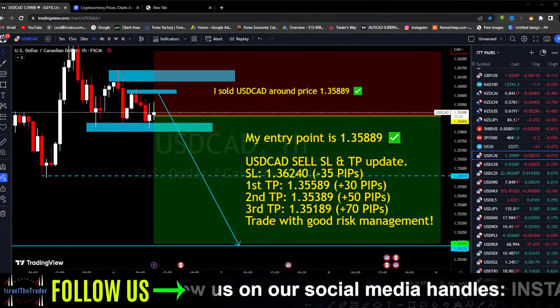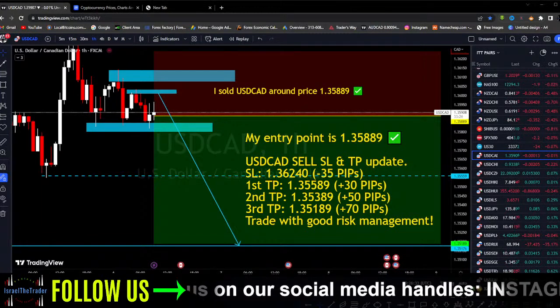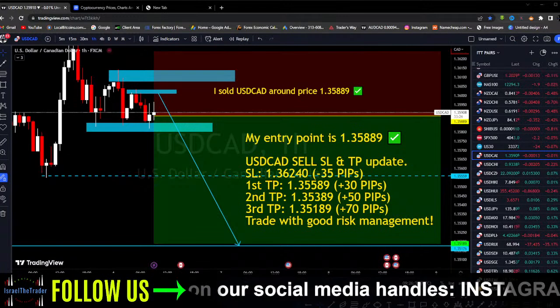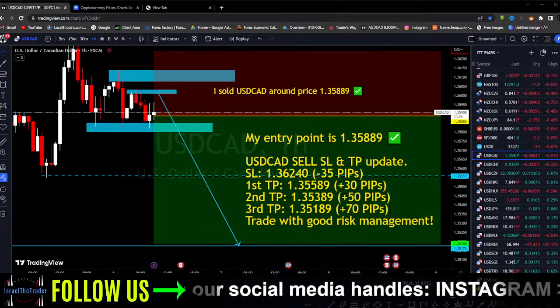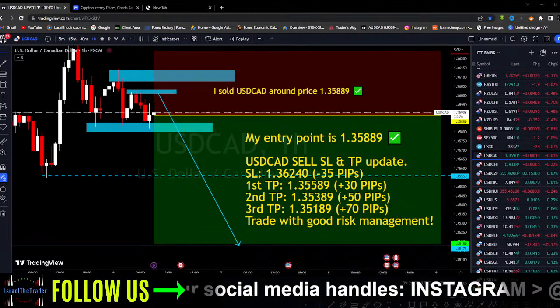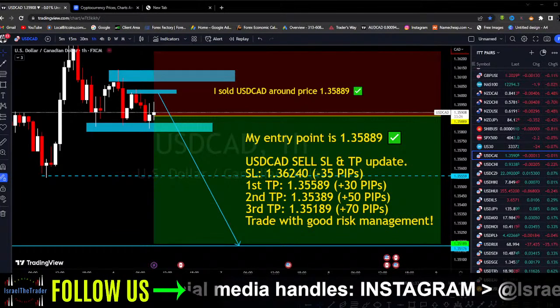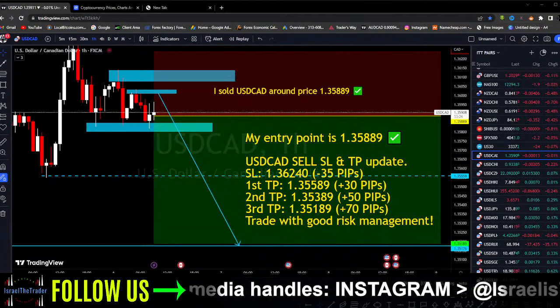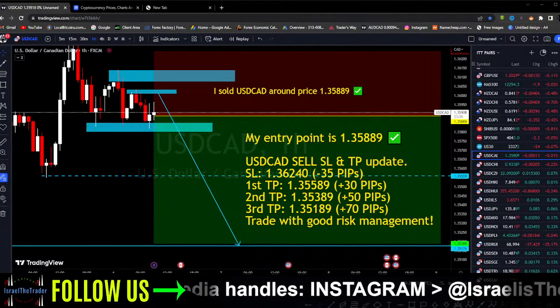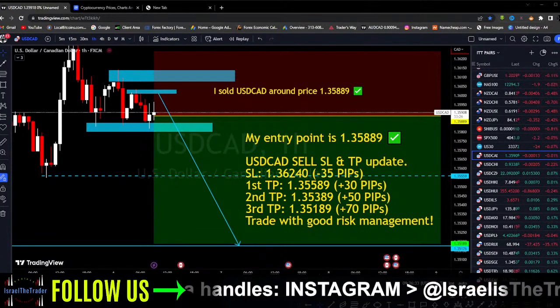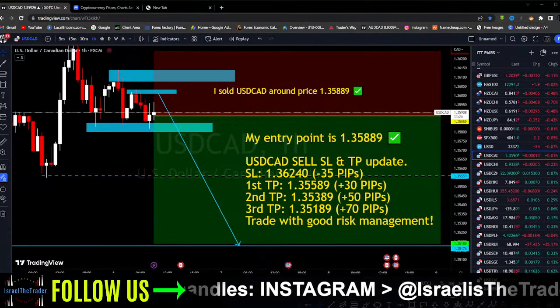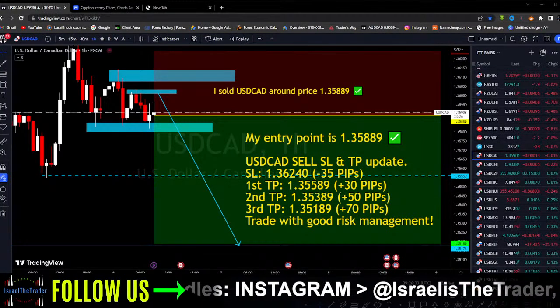We're still in it and trading it. Okay, guys, let's see what happens on this particular trade I just got in. Minus 3 pips again, minus 4 pips.